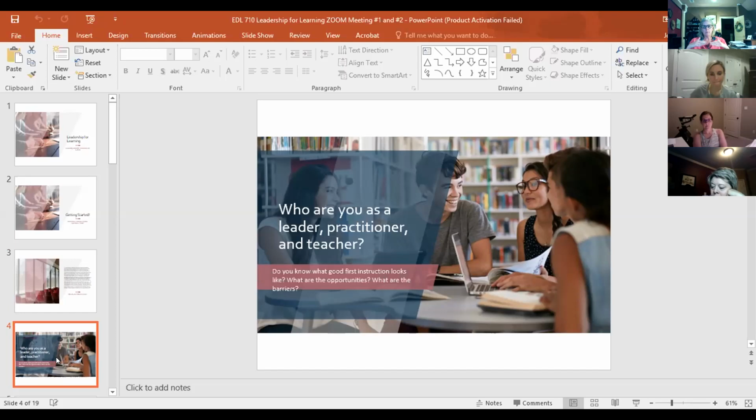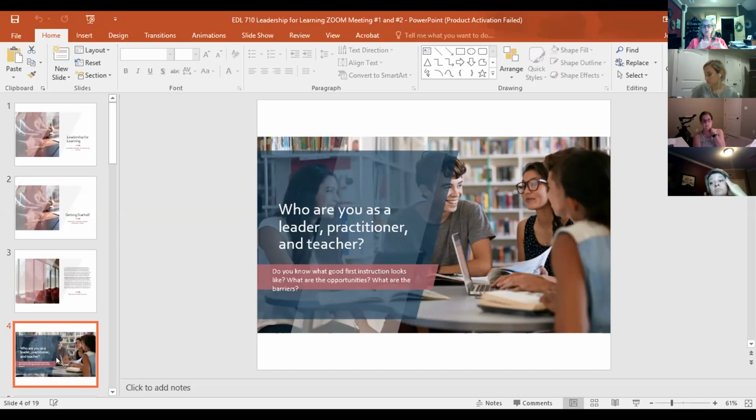when we talk about instruction, we're going to start there tonight. We have to make sure that our students get the best first instruction they can get. So the first time you introduce a concept, we have to make sure that that instruction is aligned to the curriculum as well as to the assessment.